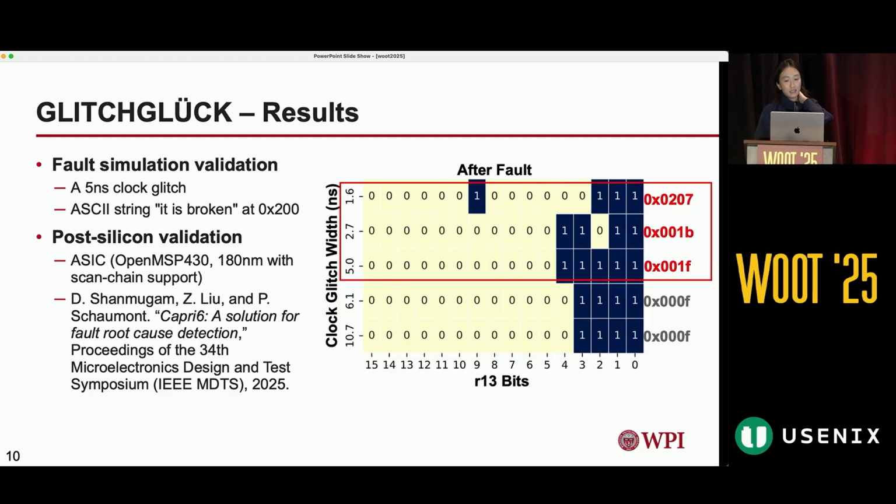But anything less than 6 nanoseconds results in a greater value in R13, and therefore the countermeasure has been bypassed. But for any glitch width less than 4.7 nanoseconds, we observe from the scan chain that critical registers are also faulted, making the processor enter an undesired state. So it keeps getting stuck in a loop or is not able to complete the attack.